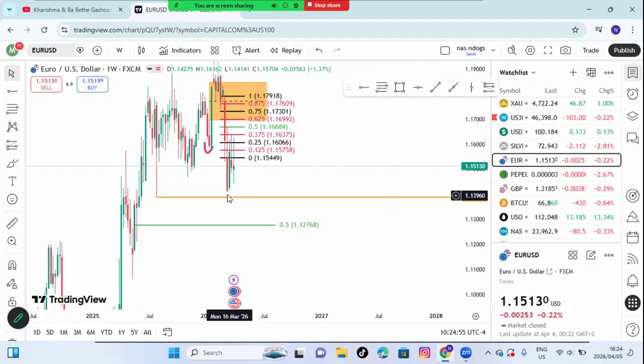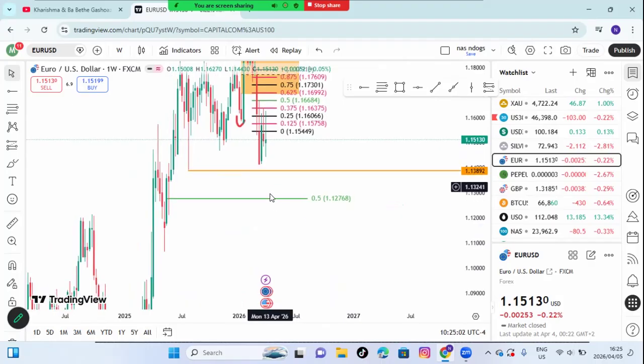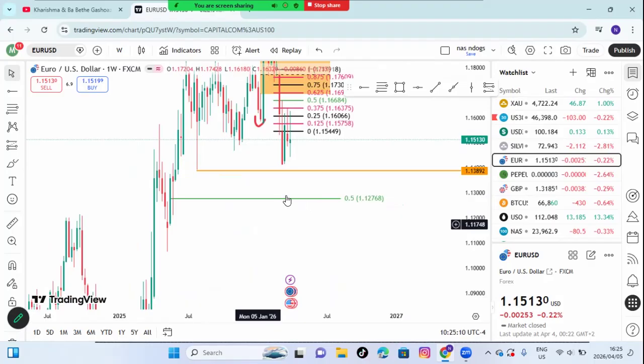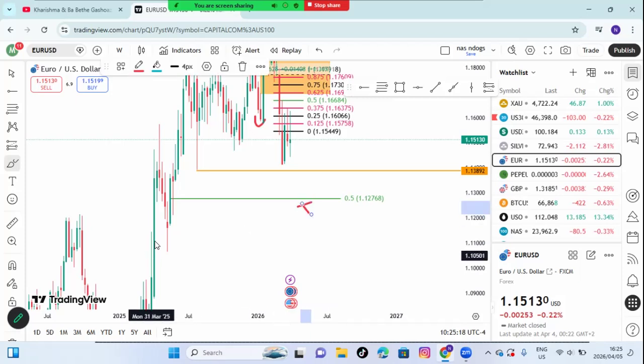This one, we can definitely look out for this one. And if we close below here, below this one, the next target will be this one here. Yes, so if we go lower, take sell side here and close below here, then we're probably more likely to take sell side resting here.